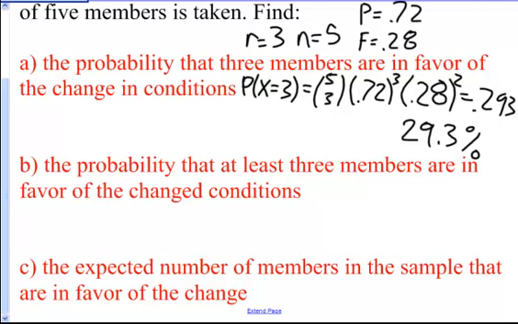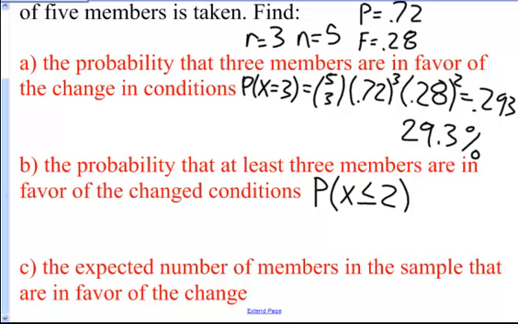I would like to find the probability that 2 or fewer are in favor of the change, and then do 1 minus that.